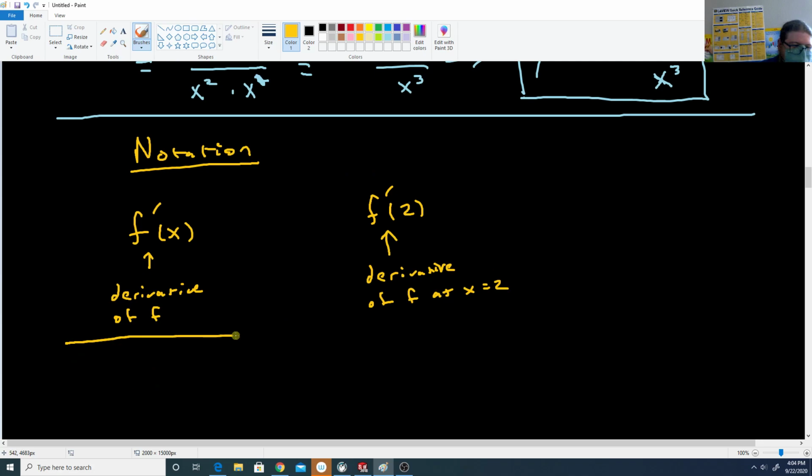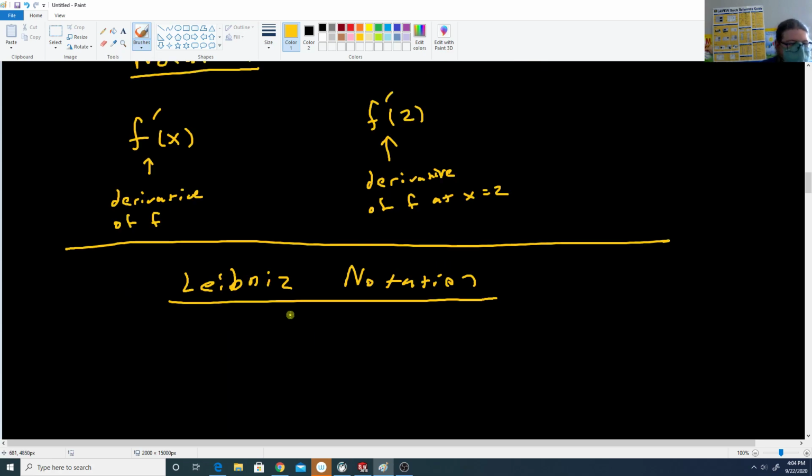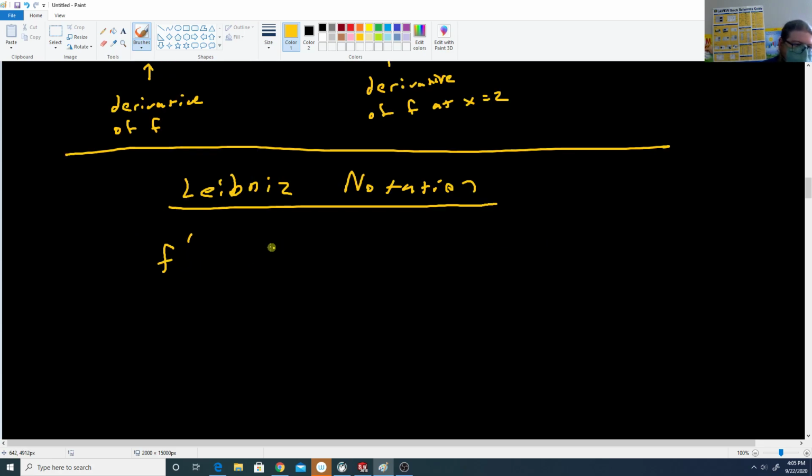We're going to learn a second notation called Leibniz notation. In Leibniz notation, when you want to say f prime, or when you're talking about the derivative of f, we would represent that as df dx.